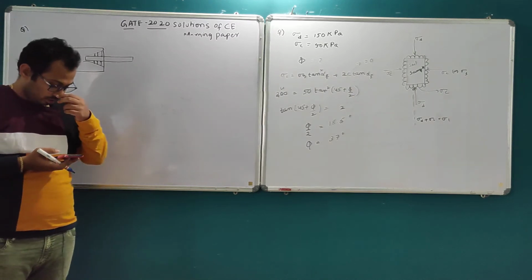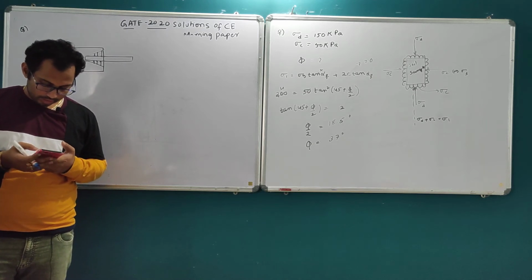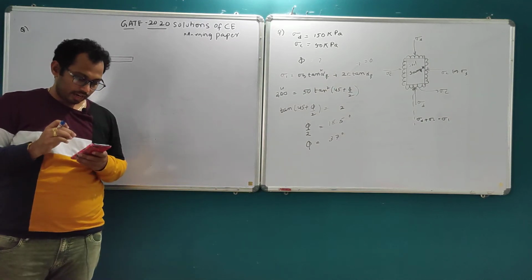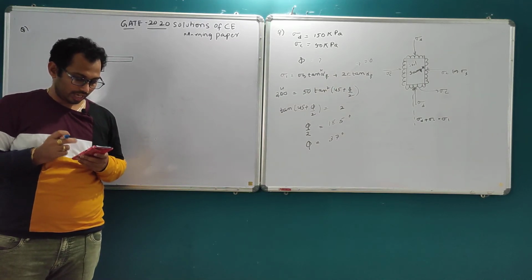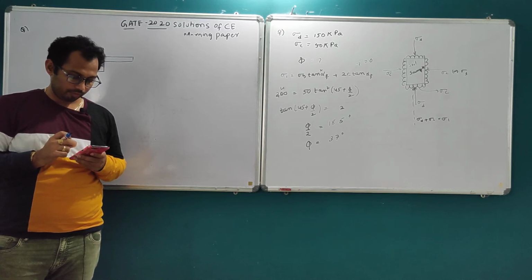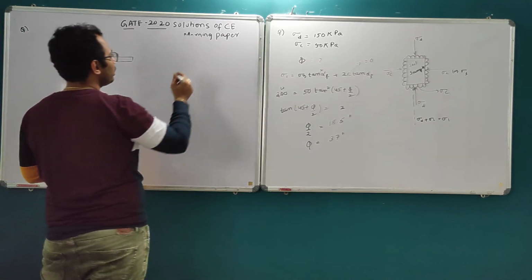Okay, now the next question is again from soil mechanics. In a soil investigation work at site, a standard penetration test was conducted at every 1.5 meter interval. This was a soil strata.